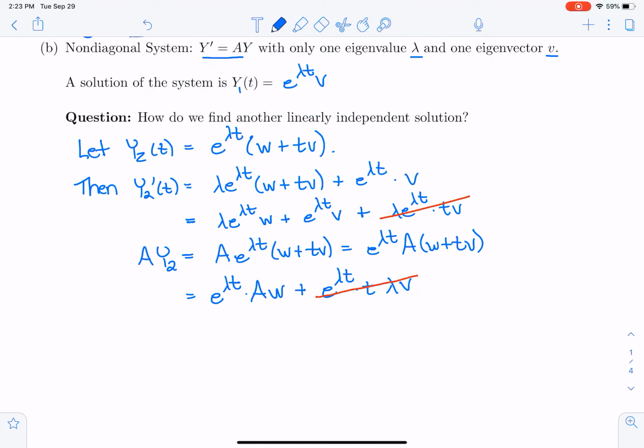And so now, comparing what I have left, here I'm going to assume that e to the lambda t is greater than 0, because lambda in this case with a repeated root is going to be real, and so exponentials are always positive.